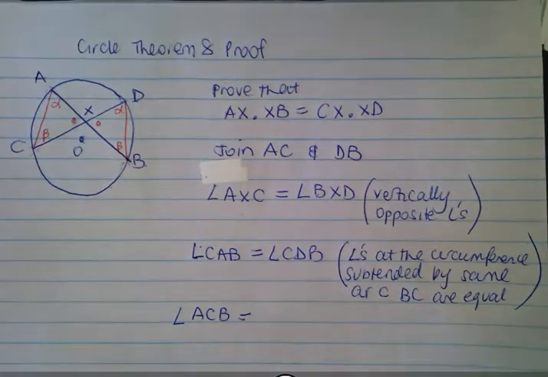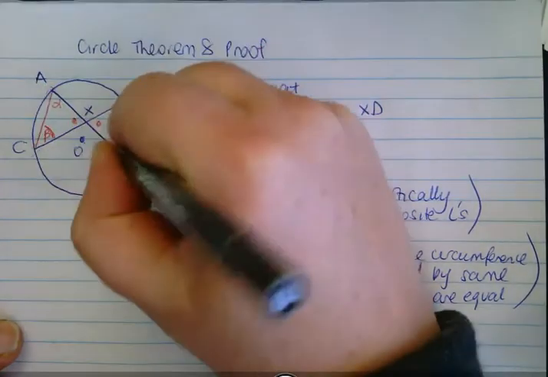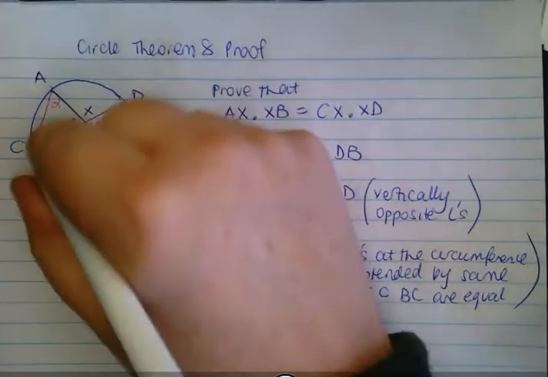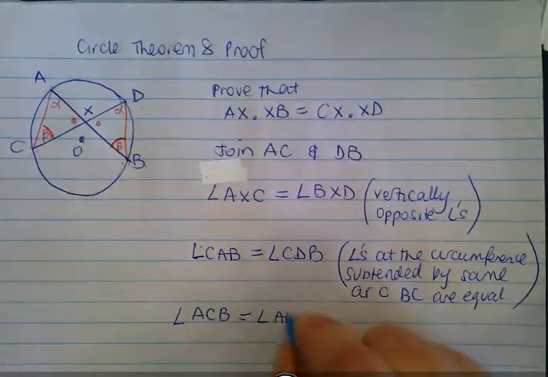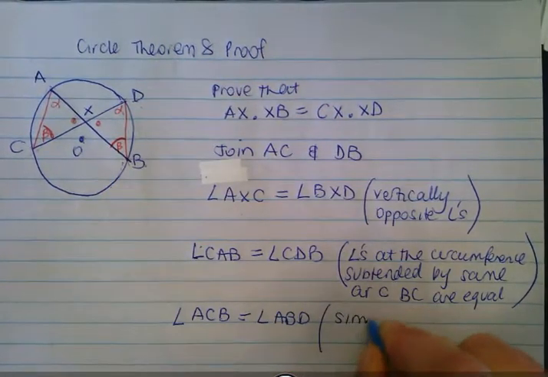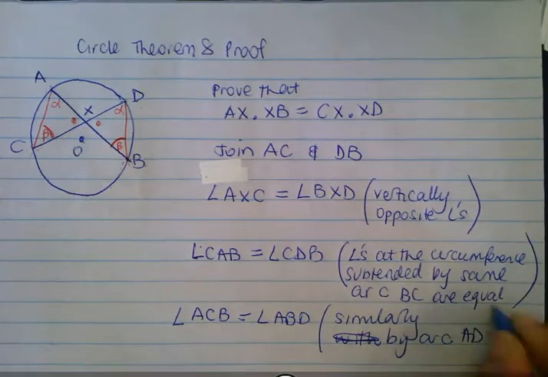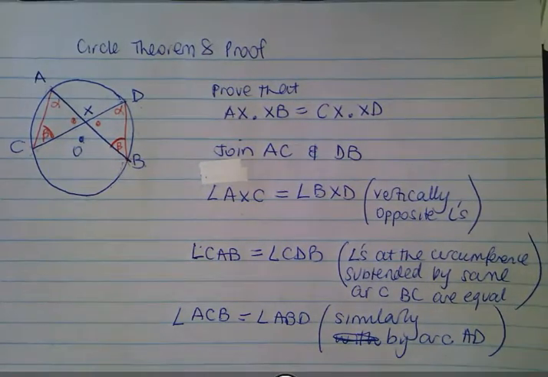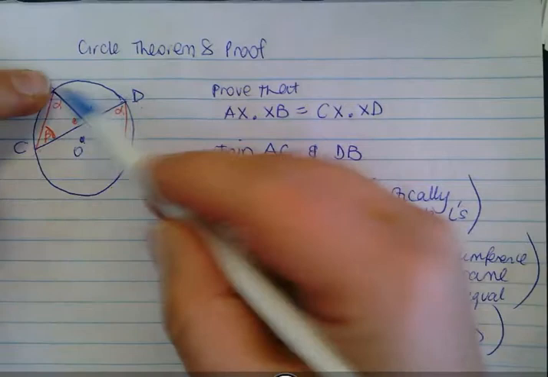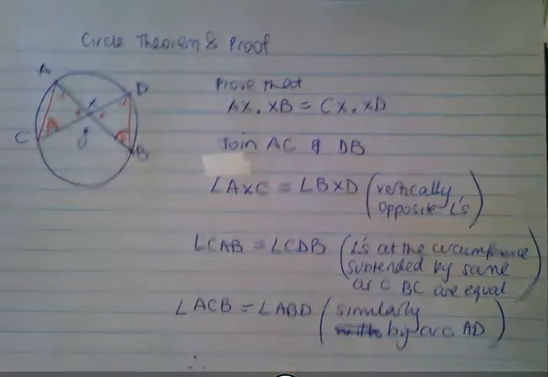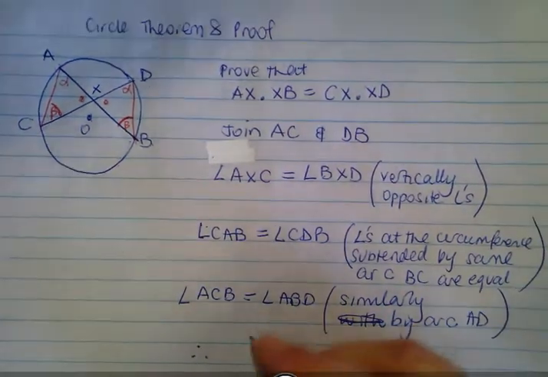So angle ACB equals angle ABD, similarly as above, by arc AD. They're subtended by a different arc, standing on arc AD. We don't need 3 angles for equiangular, but I just did it anyway.